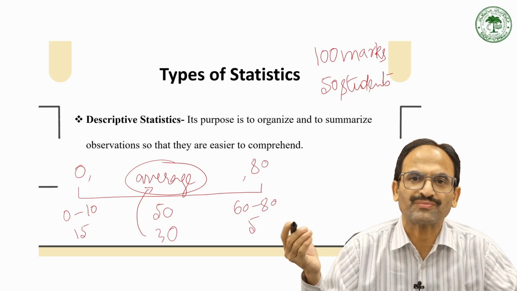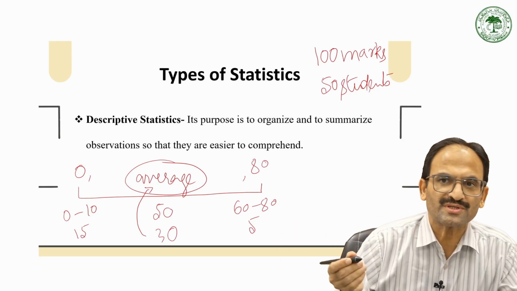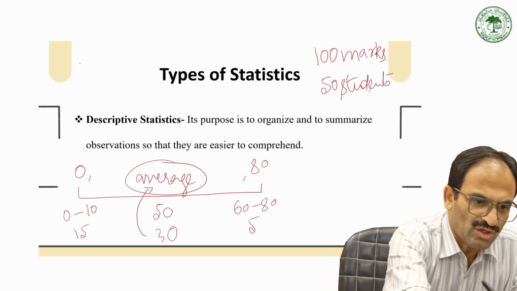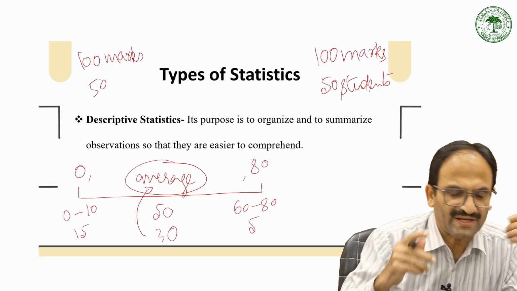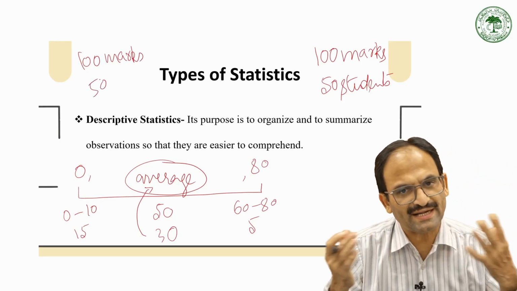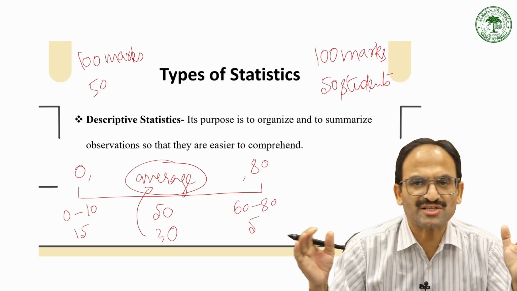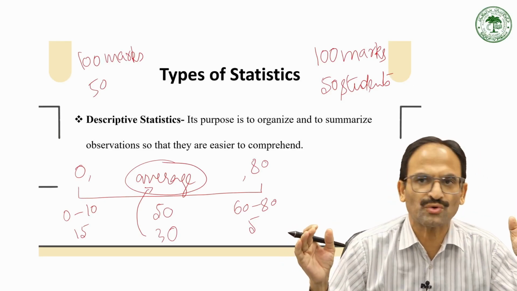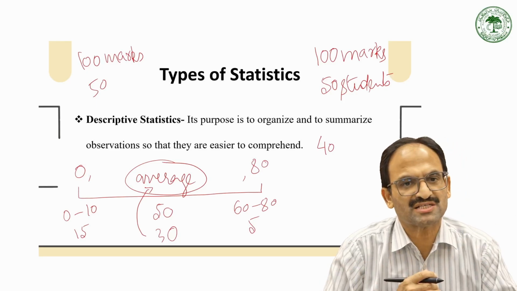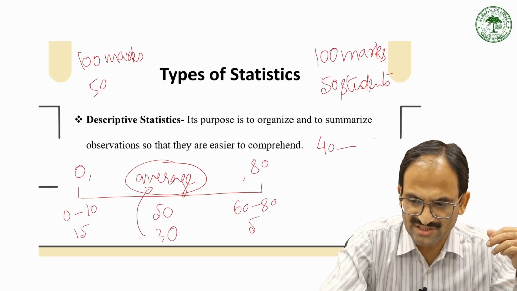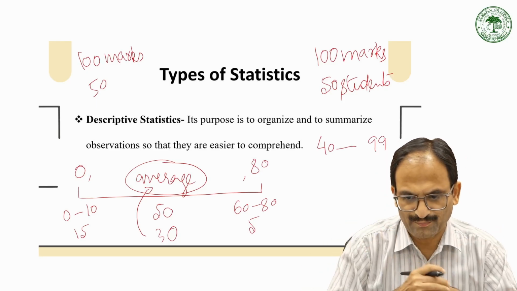Now let me give you another example. Suppose in the same class you have taken another test of 100 marks and the number of students was 50. In that test you arranged the score, and after arranging the score you got that the lowest score in that test was 40 and the highest score was 99.